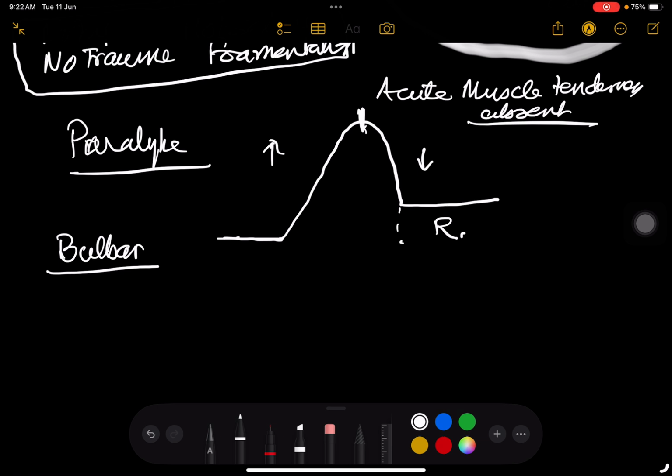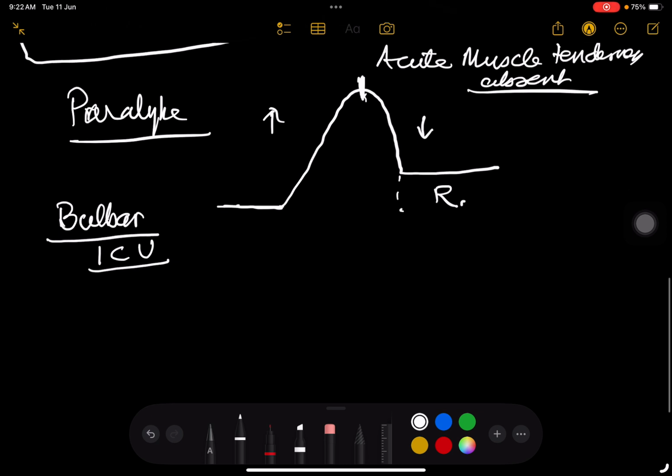Therefore, in this phase of polio, an intensive care unit is the best place that a person can be. Nothing else, steroid, etc., nothing else.